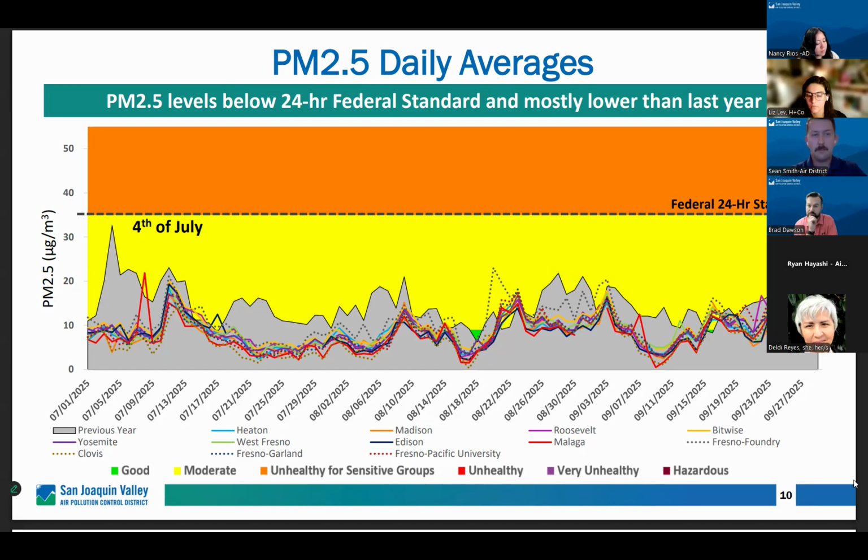For the most part, the entire time we've been able to be below the federal 24-hour standard in the moderate to good category. And for the entire quarter, we're pretty much below last year's maximum peaks.